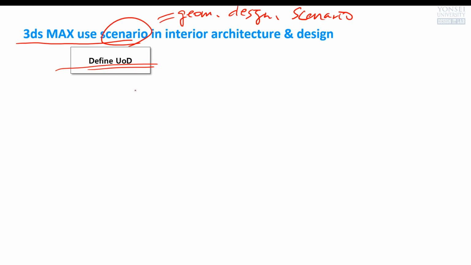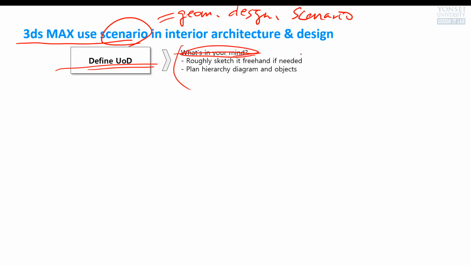That kind of thing is one type of universe of discourse definition. Determine what's in your mind, roughly sketch and define your universe.